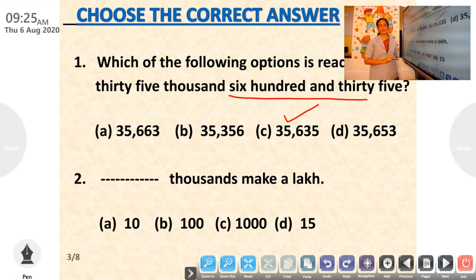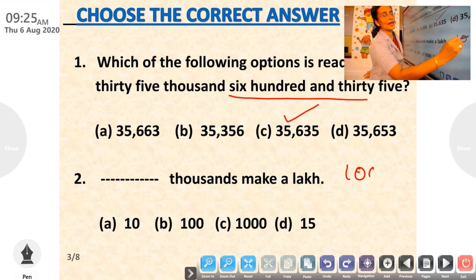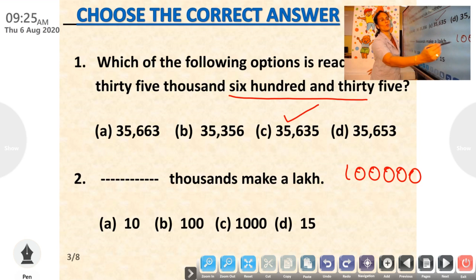Dash thousands make a lakh. So you know how to write lakh in the Indian system. It is written like this, 1 lakh. Now try to change this to the international system of numeration. So after 3 digits, you give a comma.